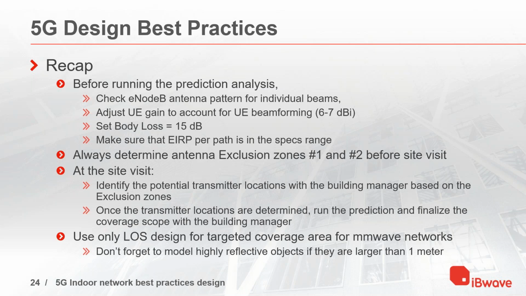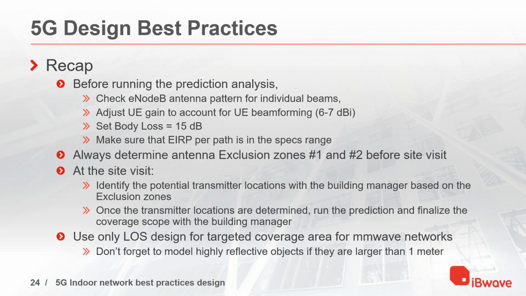Always determine antenna exclusion zones 1 and 2 before the site visit. And at the site visit, I first identify the potential transmitter locations with the building manager based on those exclusion zones. And only after those locations are determined, then run prediction and finalize the coverage scope with the building manager.